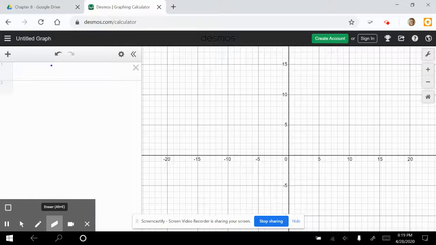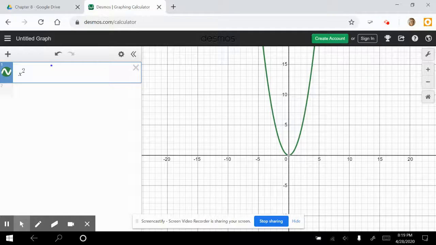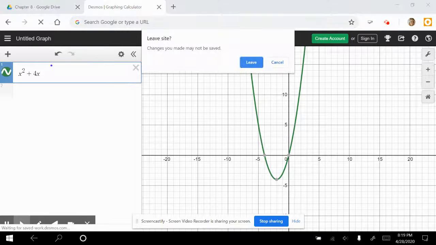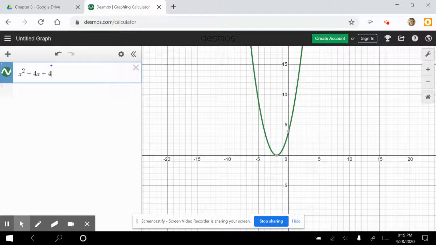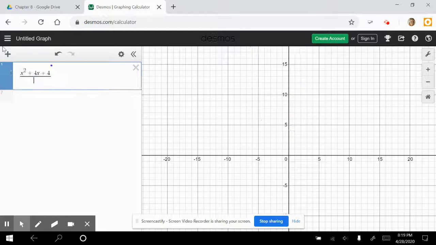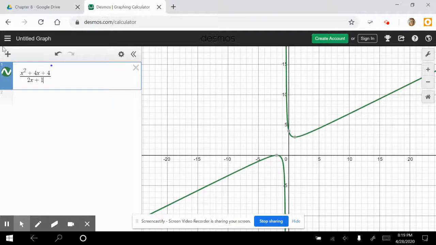So it was x squared plus 4x plus 4, and all of that divided by 2x plus 1.